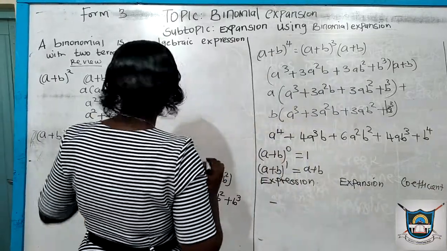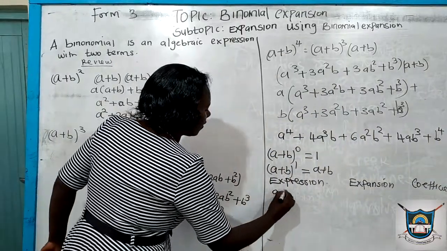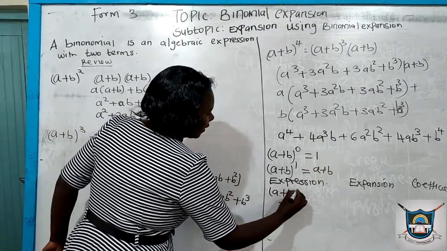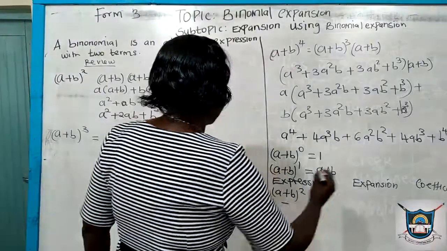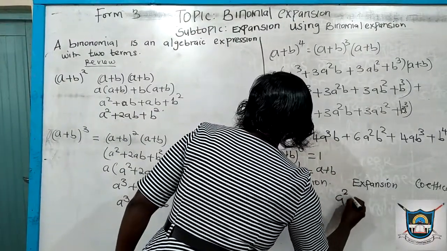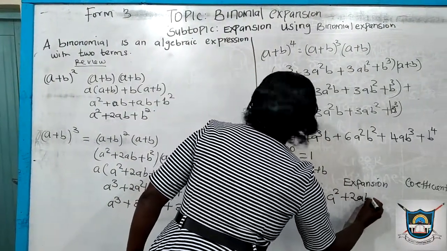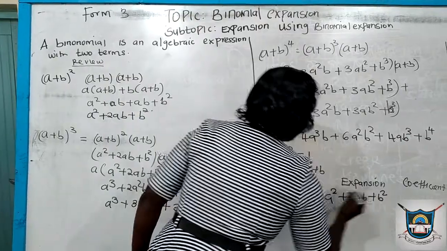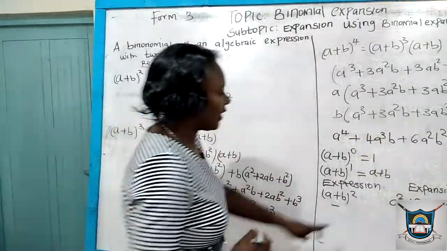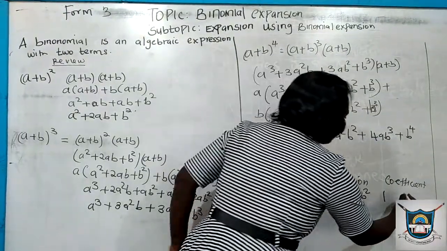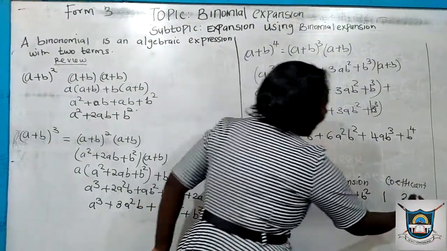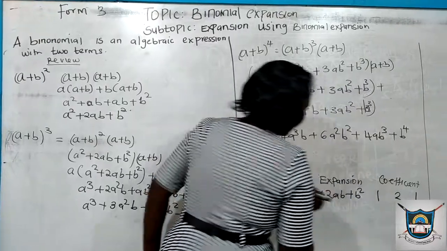So our first expansion was (a + b) squared. Its answer is a squared plus 2ab plus b squared. If we look at its coefficient, the first one has a coefficient of 1, the second one has a coefficient of 2, and the third one has a coefficient of 1, b squared.